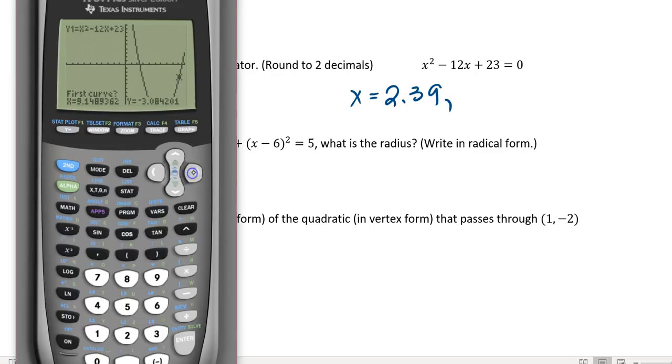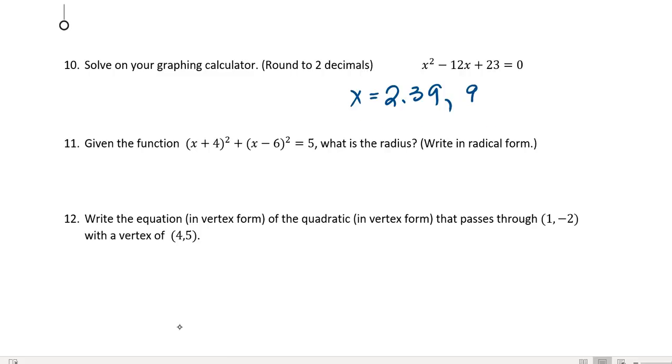And I just move it anywhere closer. Do you see my little spider? He's blinking closer to that right intercept. So I'll say enter, enter, enter. And my second intercept will be 9.61. We really should put a little approximate because we're rounding to 2 decimals.